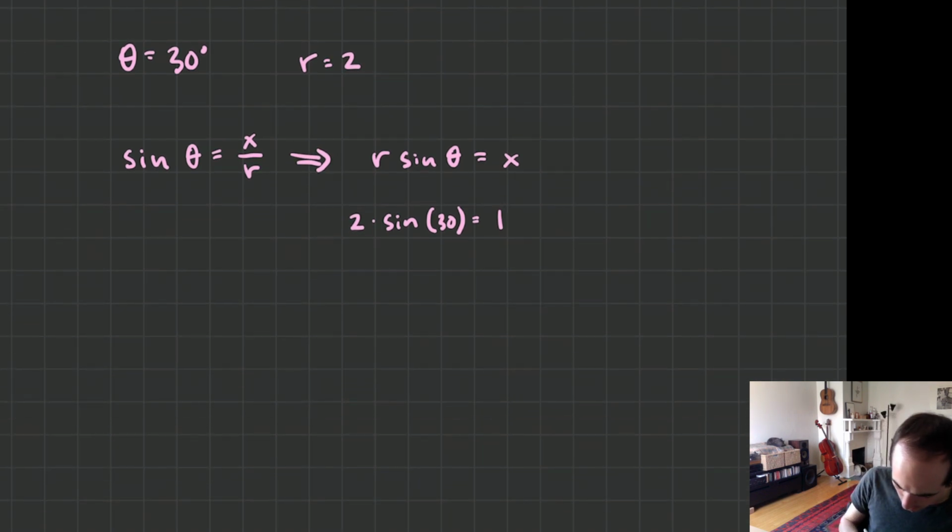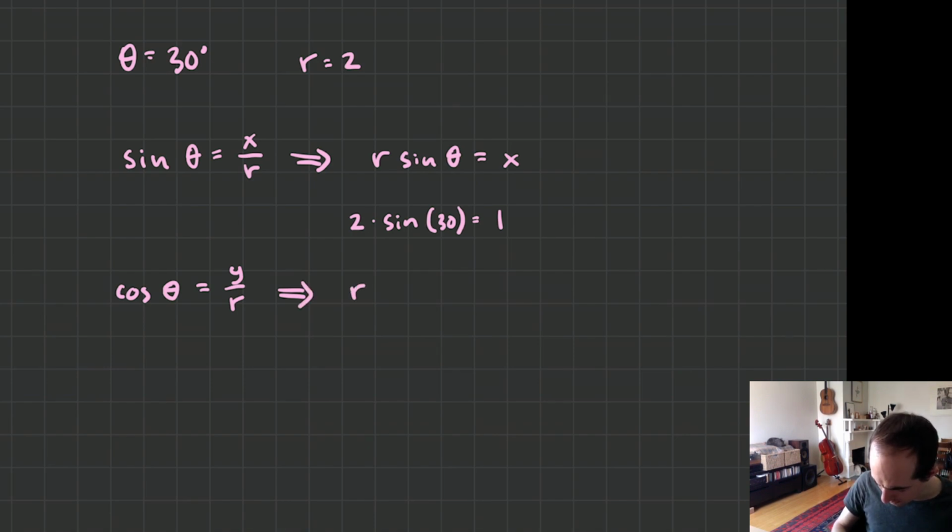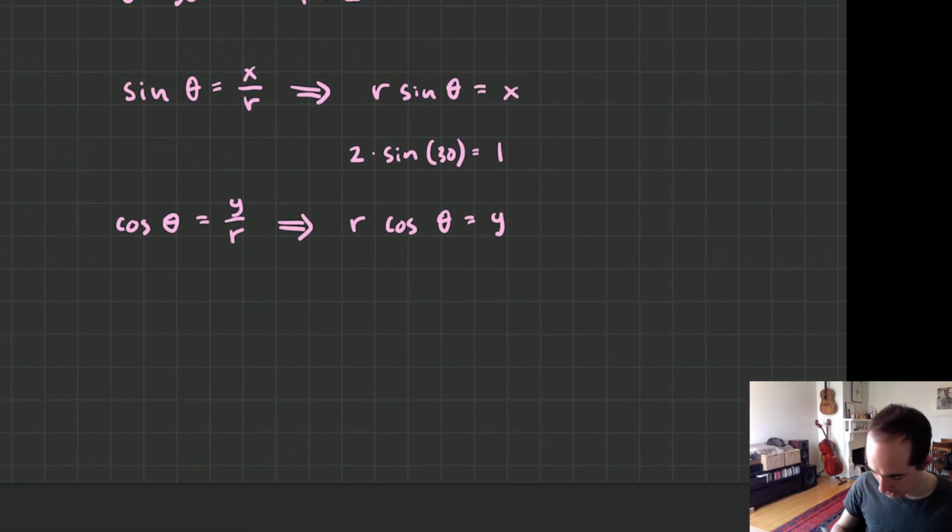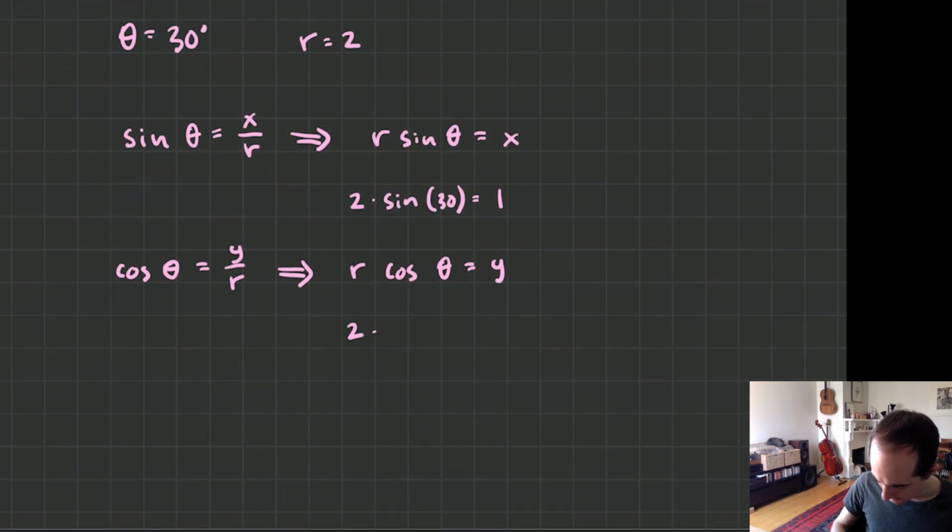Okay, what about the other one? We had cos of theta is equal to y over r. That means that r times cos of theta is equal to y. So now we'll just solve this. We've got 2 times cos of 30, and that's equal to y.